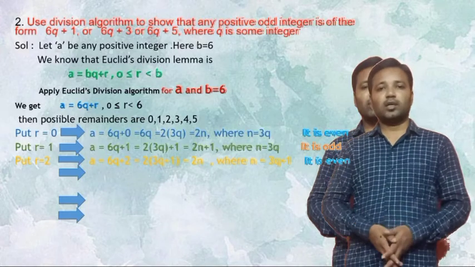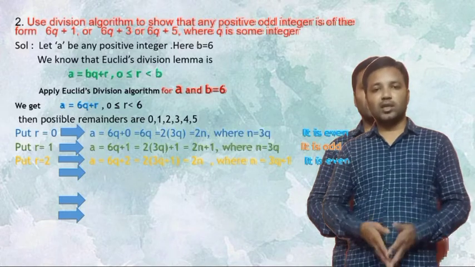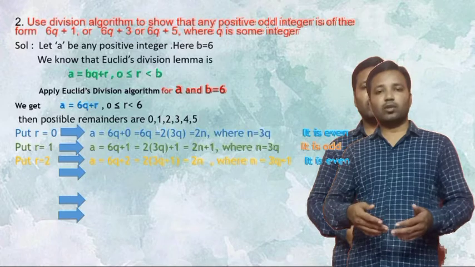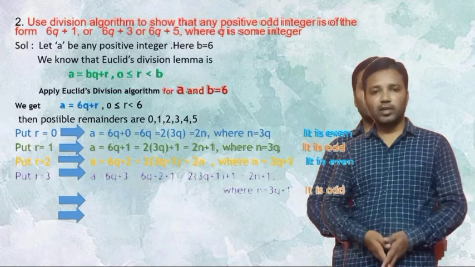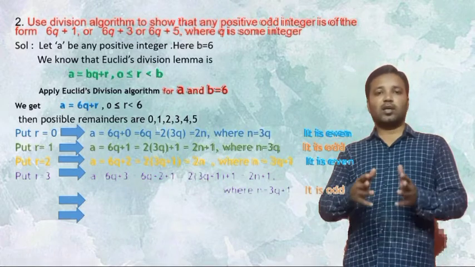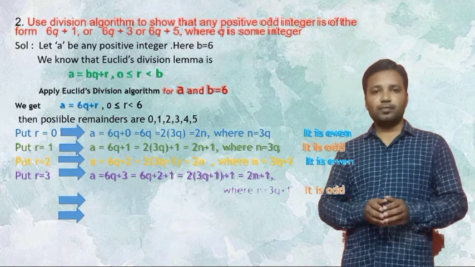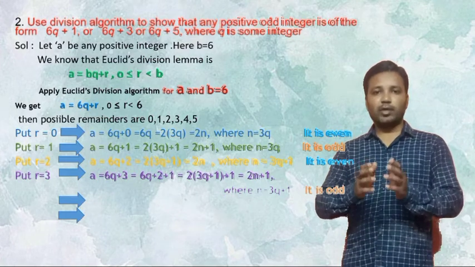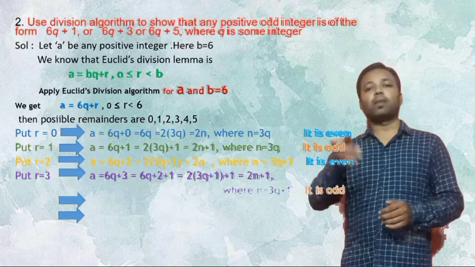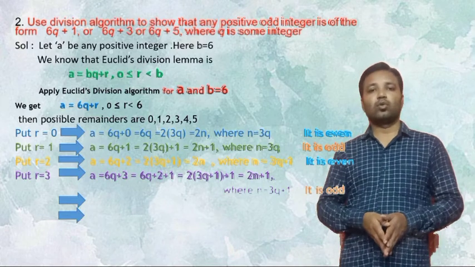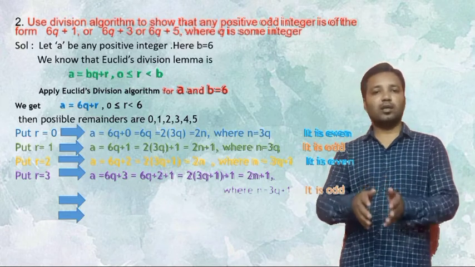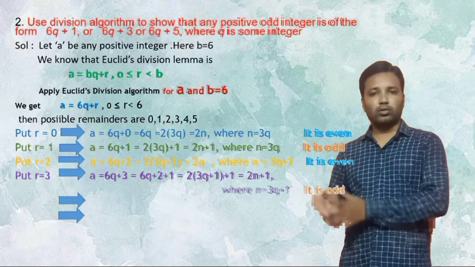Let us take r is equal to 3, then a is equal to 6q plus 3. See here, I am slightly modifying this step. 3 I am expressing in the form of the sum of 2 plus 1. So 6q plus 3 can be written as 6q plus 2 plus 1.